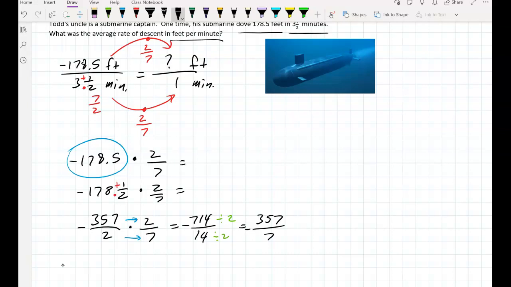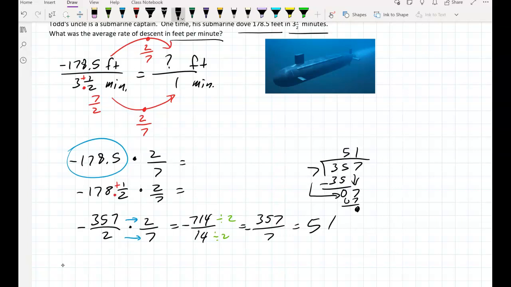And so 357 divided by 7. 7 goes into 35 5 times. 7 times 5 is 35. Subtract, bring down the 7. 7 goes into 7 one time. 51.